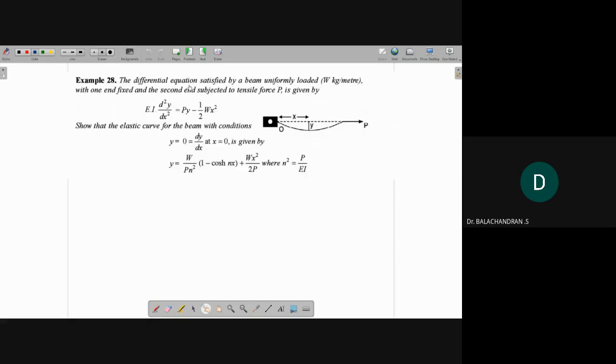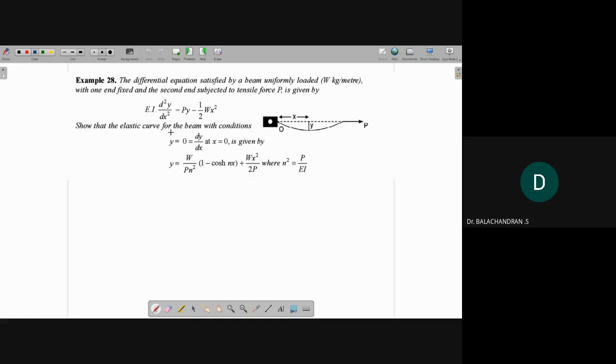First problem. The differential equation satisfied by a beam uniformly loaded W kg per meter with one end fixed and the second end subjected to tensile force capital P is given by EI d square y by dx square equal to Py minus 1 by 2 Wx square.